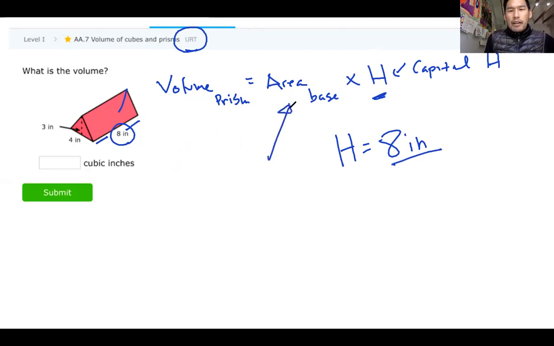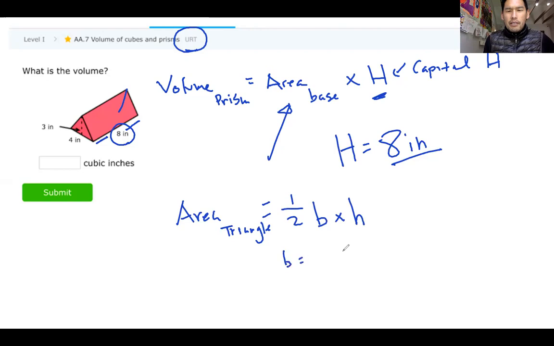Now all we have to do is figure out the area of the base. So this is a triangle, and we all know that the area of a triangle equals 1/2 base, I'm going to use little b, times height with a little h.